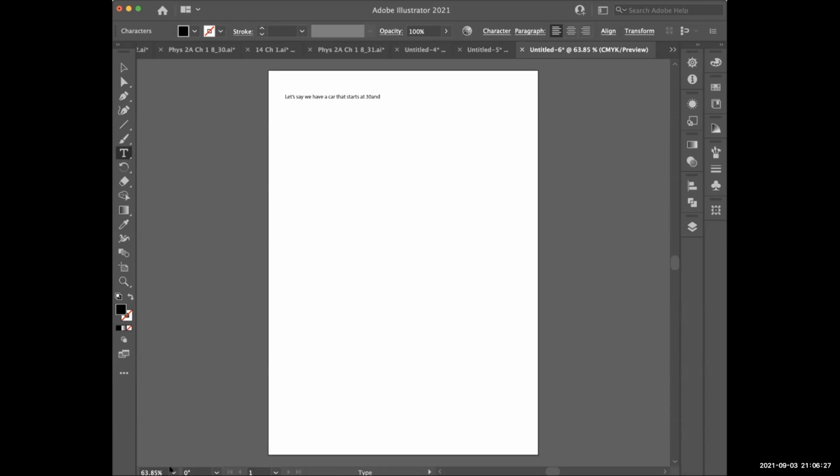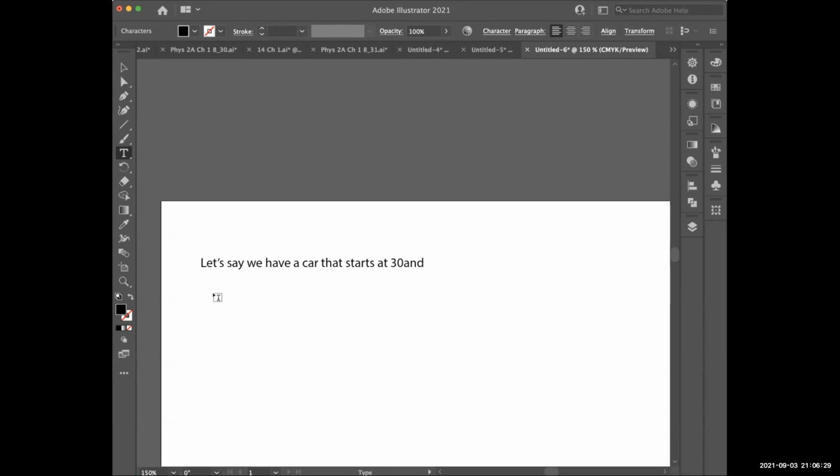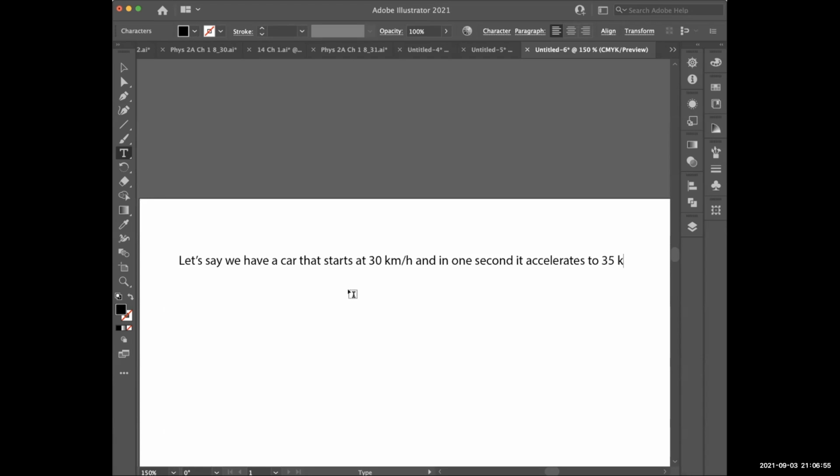Let me zoom in a little bit, it's a little tiny. It starts at 30 kilometers per hour and accelerates in 1 second. You have the accelerator on. It accelerates to 35 kilometers per hour.